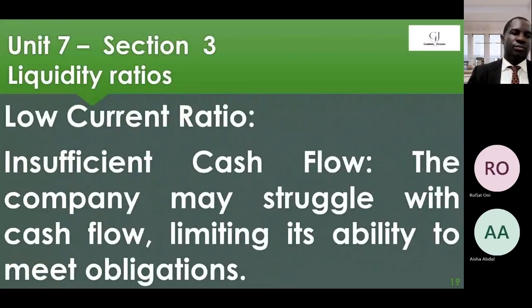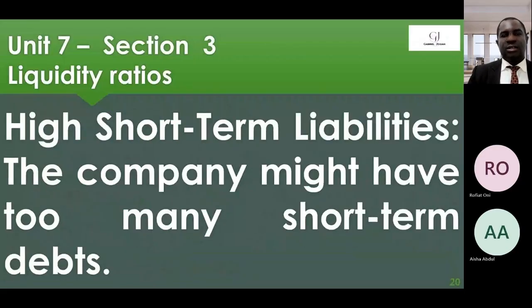While a low current ratio indicates insufficient cash flow, a lower one is looking at 1:1 and lesser. So where your current assets are 1 or less, there is a struggle to meet current liabilities. The company may struggle with cash flow, limiting its ability to meet obligations.